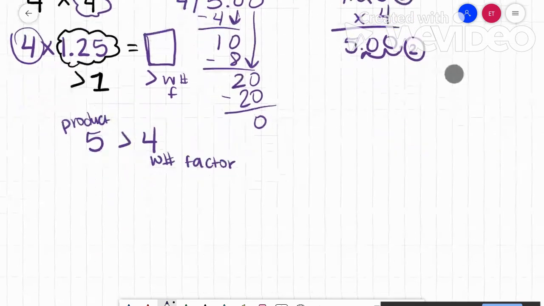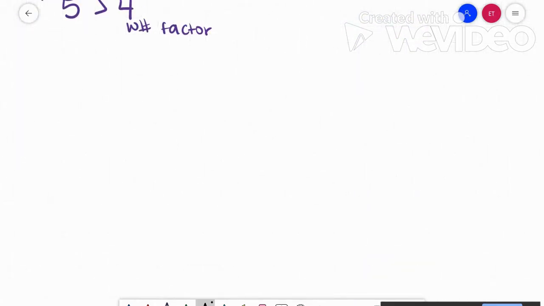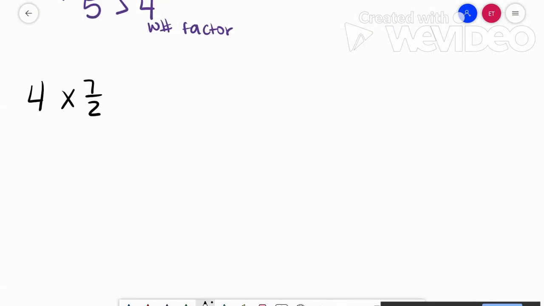Okay, and let's look at our last problem. What if we had 4 times 7 halves? Again, convert my improper fraction to a decimal, top in, bottom out.